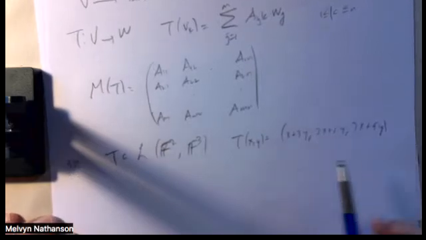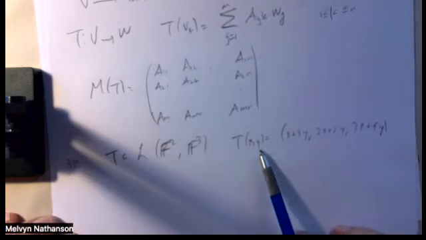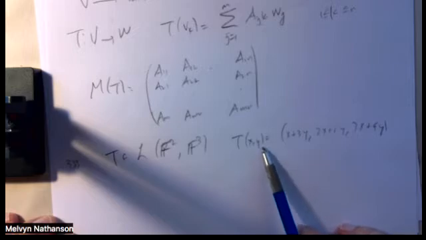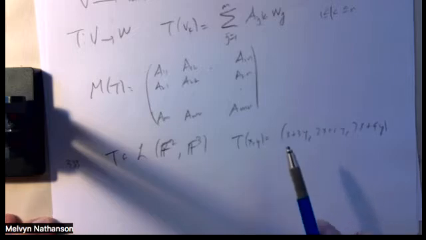So again, you have to check or have already proved in general that a map of this form is a linear map.